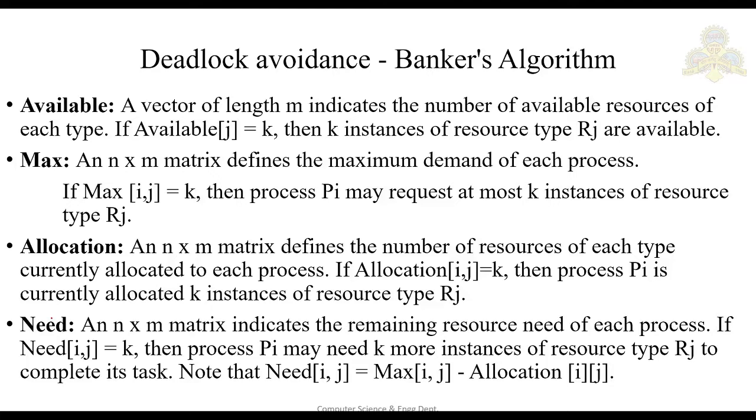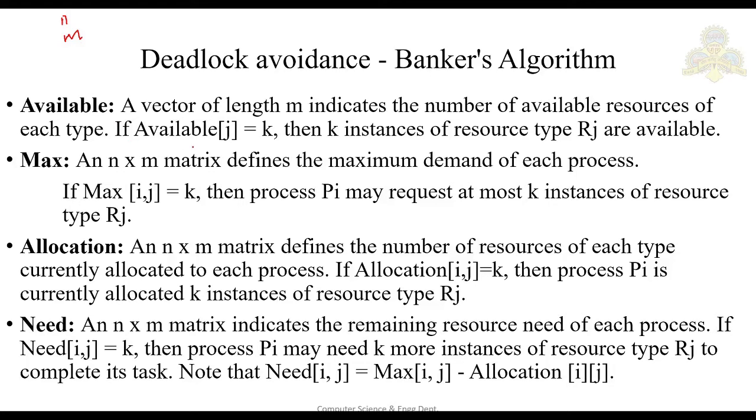Let us consider we have n number of processes in the system, and m is the number of resource types in the system. The first one is available. It is a vector of length m that indicates the number of available resources in the system.